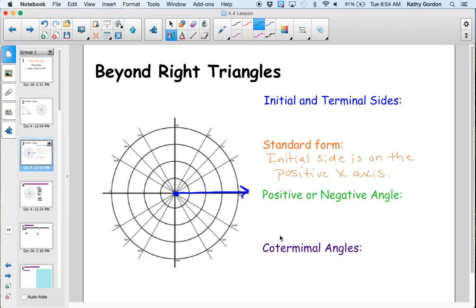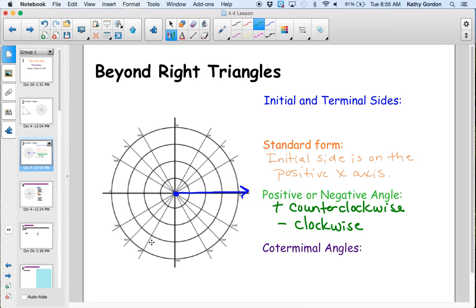If I rotate counterclockwise, then we're talking about a positive angle. And if I rotate clockwise, then we're talking about a negative angle.